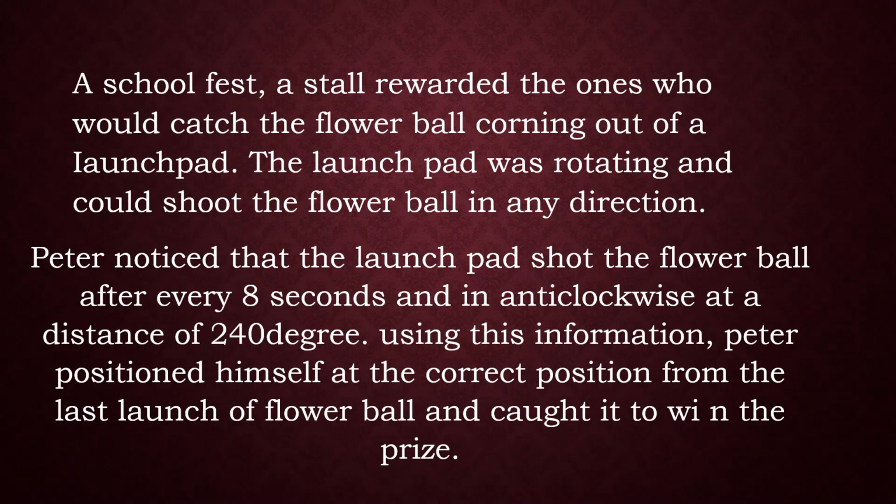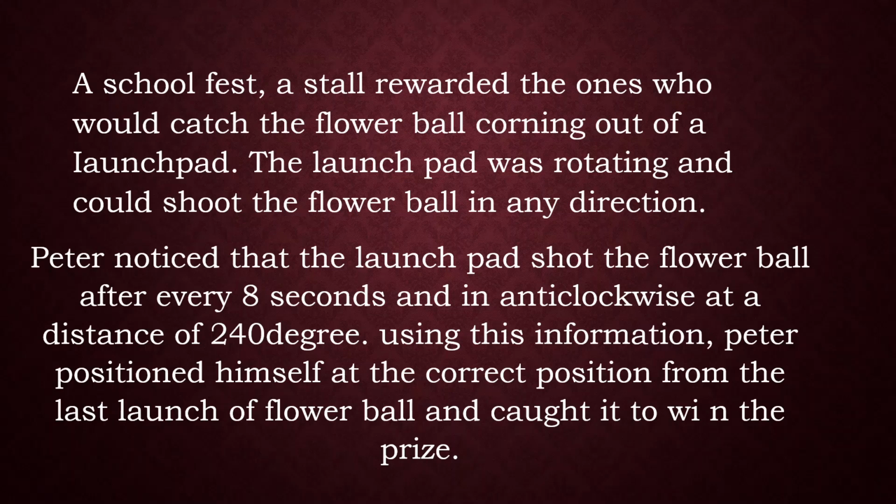In a school fest, a stall rewarded the ones who would catch the flower ball coming out of a launch pad. The launch pad was rotating and could shoot the flower ball in any direction. Peter noticed that the launch pad shot the flower ball after every 8 seconds and anti-clockwise at a distance of 240 degrees.